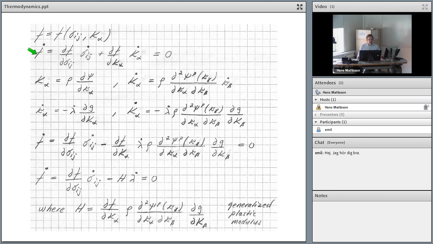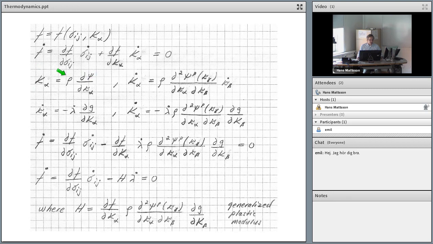That is, the derivative of f with respect to sigma_ij times the increment of the stress tensor, plus the derivative of f with respect to K_alpha, the hardening parameters, times the increments in the hardening parameters. And everything should be 0 if the stress point is situated on the yield locus during plastic loading. We have these results from the derivatives before.